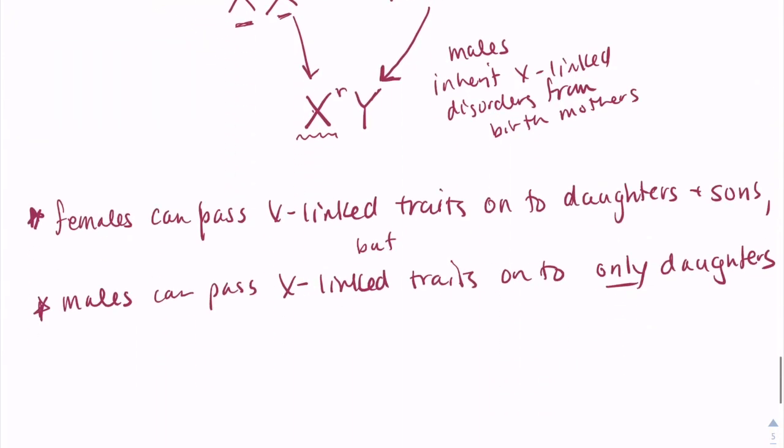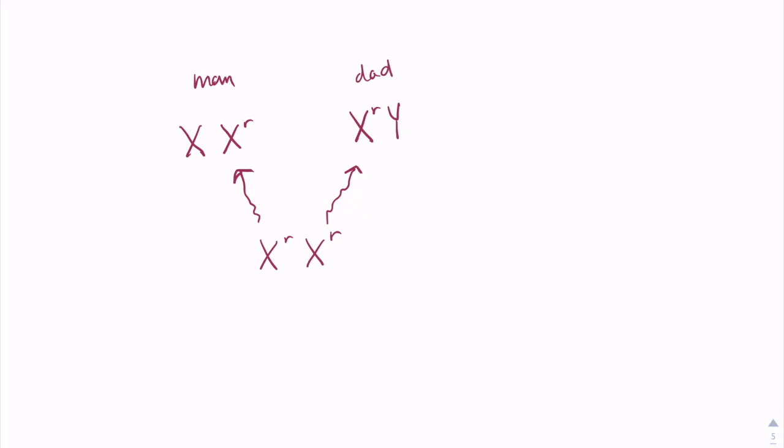And what do we know about females with X-linked disorders? From whom did they inherit one X chromosome, and from whom did they inherit the other? One from their mom, and we don't know what this other allele is, and one from their birth dad.